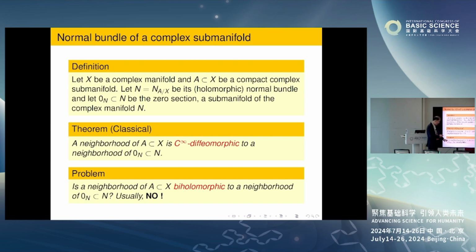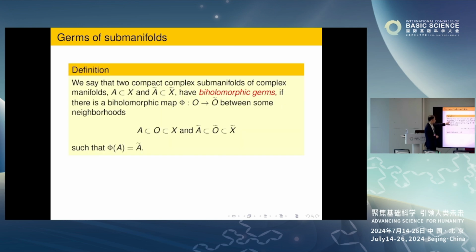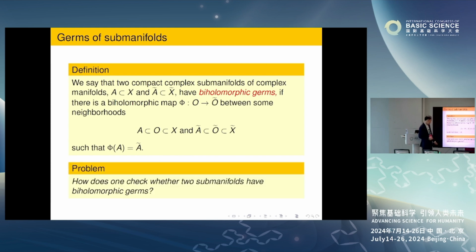So this justifies the following definition, germ of submanifold. We say that two compact complex submanifolds, A in X and A tilde in X tilde, have biholomorphic germs if there is a biholomorphic map between some neighborhoods of the two submanifolds. Now the problem is how to check this.